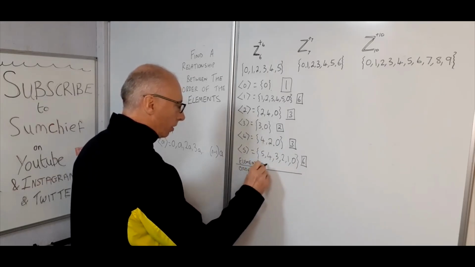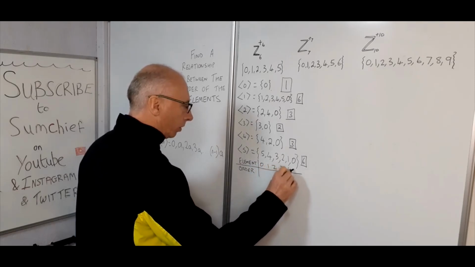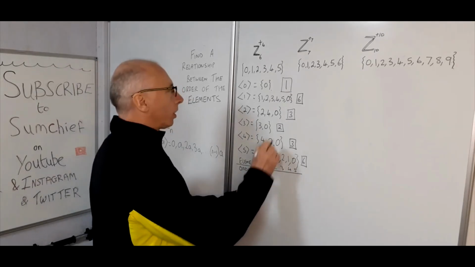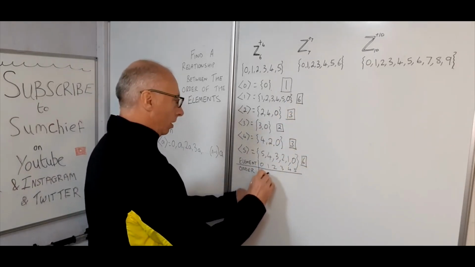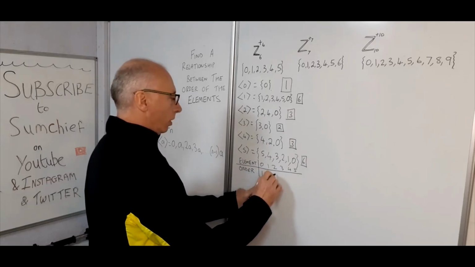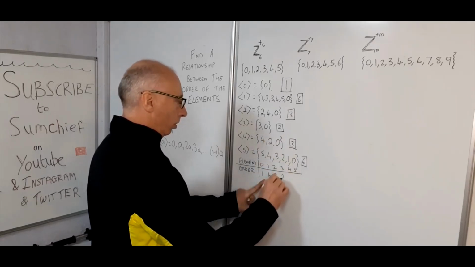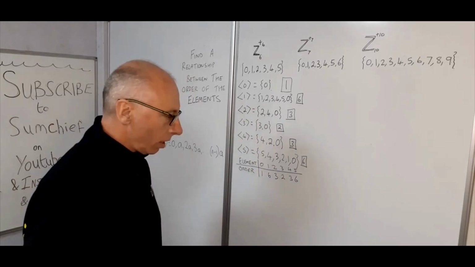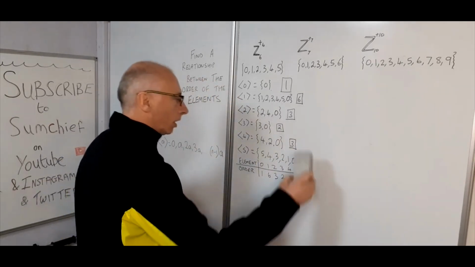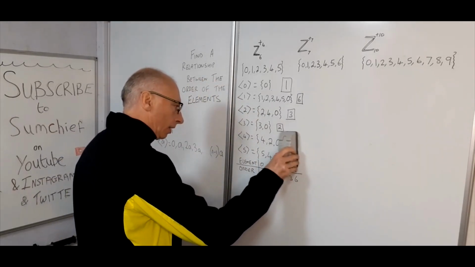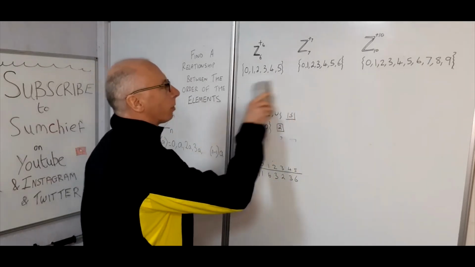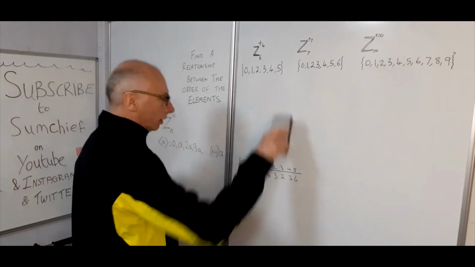So we go 0, 1, 2, 3, 4, 5. Then the order of each element: 0 is 1, 1 is 6, 2 is 3, 3 is 2, 4 is also 3, and 5 is of order 6. So that's that group. Now let's take that off the board. We might need some space there a bit later.